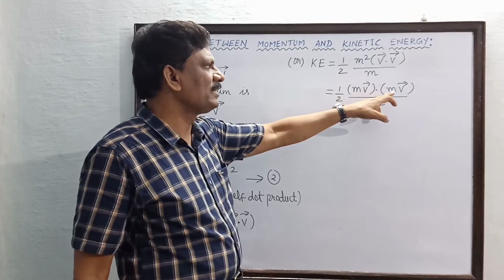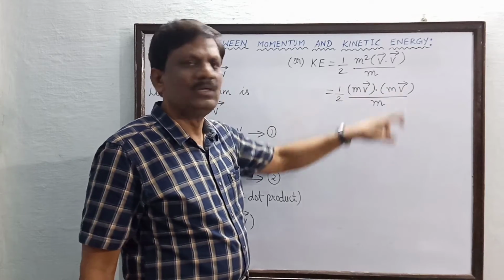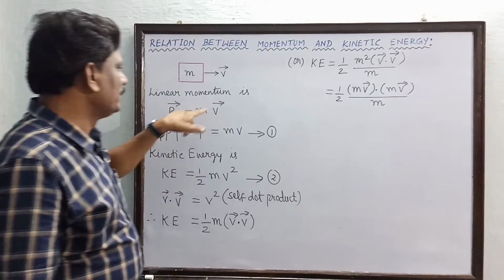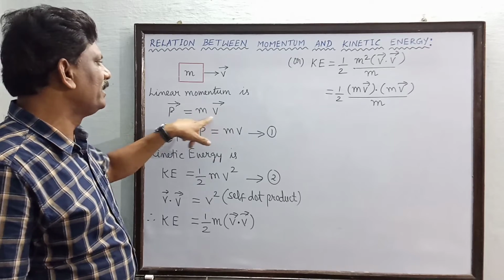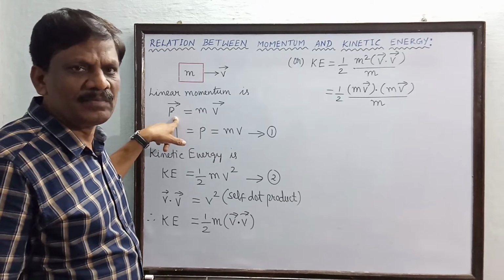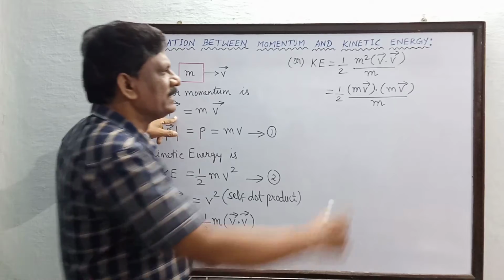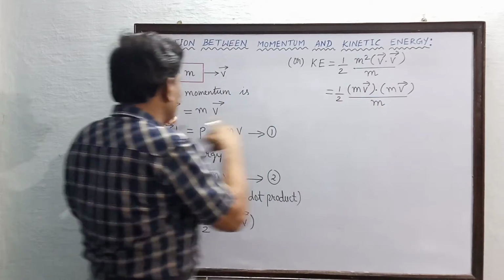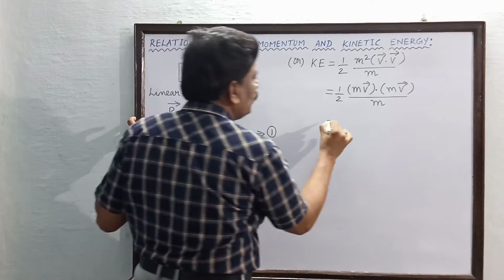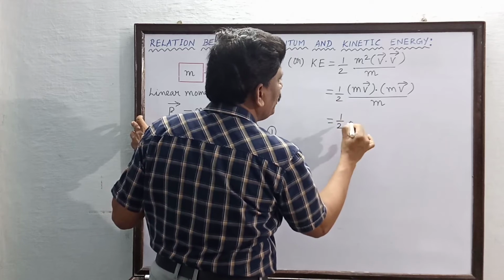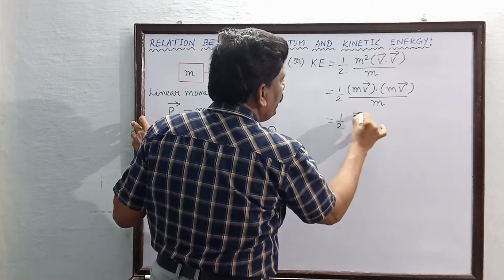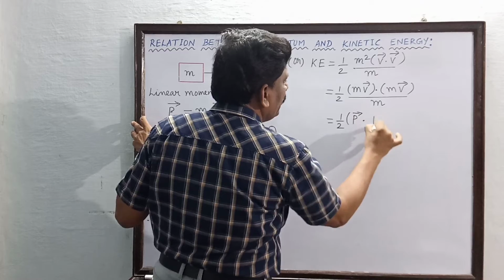Mass into velocity dot mass into velocity. But mass into velocity is called momentum, linear momentum, p vector. So instead of this m into v, I can write p vector. So this is now equal to 1 by 2 into p vector dot p vector.